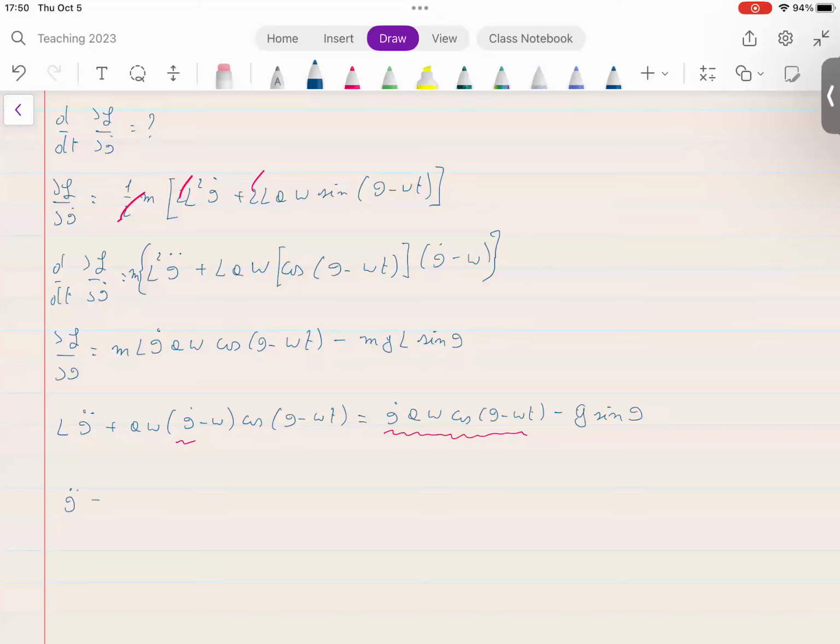Theta double dot is equal to, what do I have left? I have this minus omega that I take to the right hand side, so it becomes plus A omega square over L times cosine of theta minus omega t minus g sine of theta. And that's the equation of motion for my system.